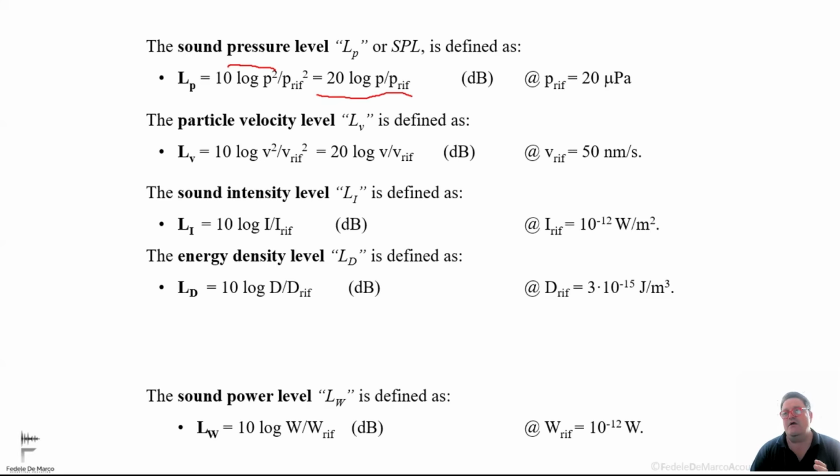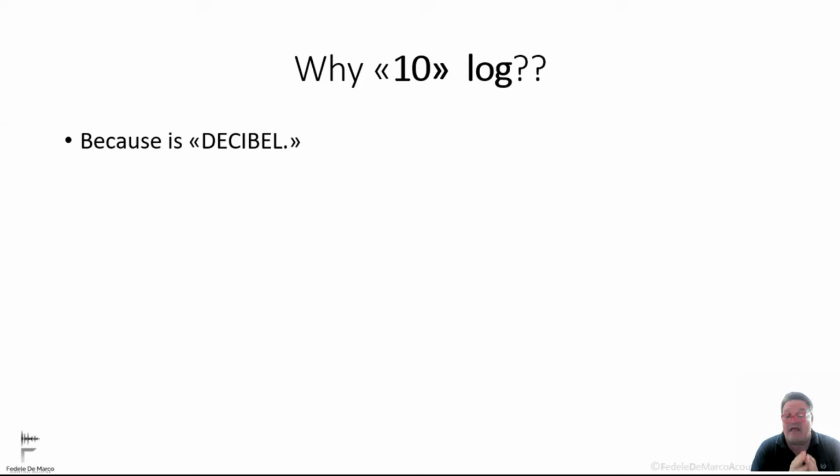Why 10 log? Why the 10? Because it is a decibel, as the word itself says. Mr. Bell originally used the bell. The bell is a bit too coarse as a value, too large. 10 decibels is a huge variation, it is 10 times the energy. 1 decibel instead is near the human perception threshold.